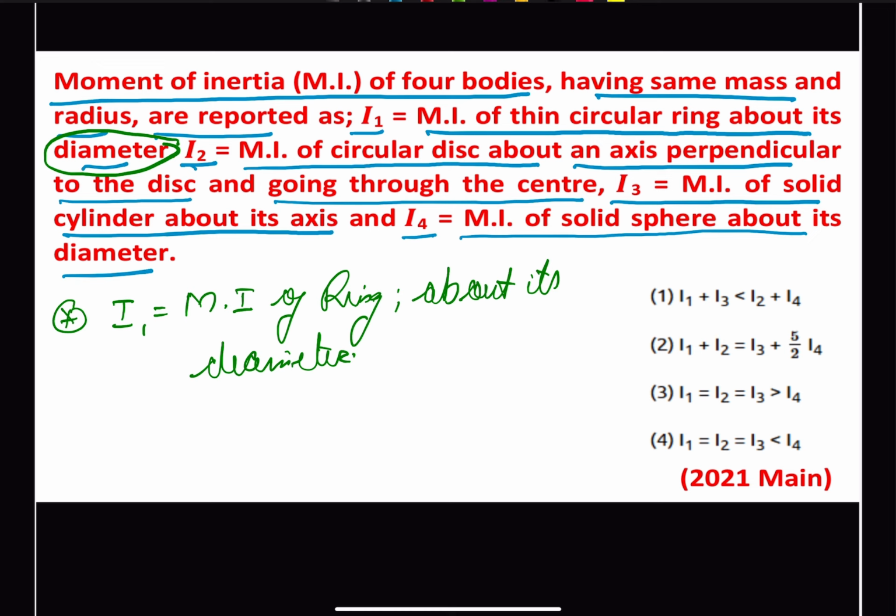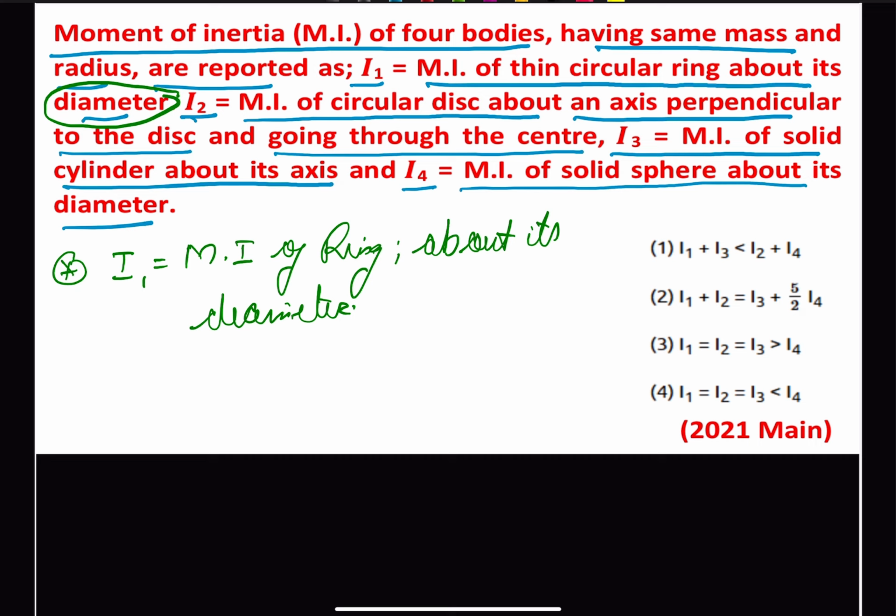That is the normal formula. So if you know the formula with respect to diameter you can just solve it there, but I'll take the more traditional approach: consider the standard formula and from there derive what my I1 will be.